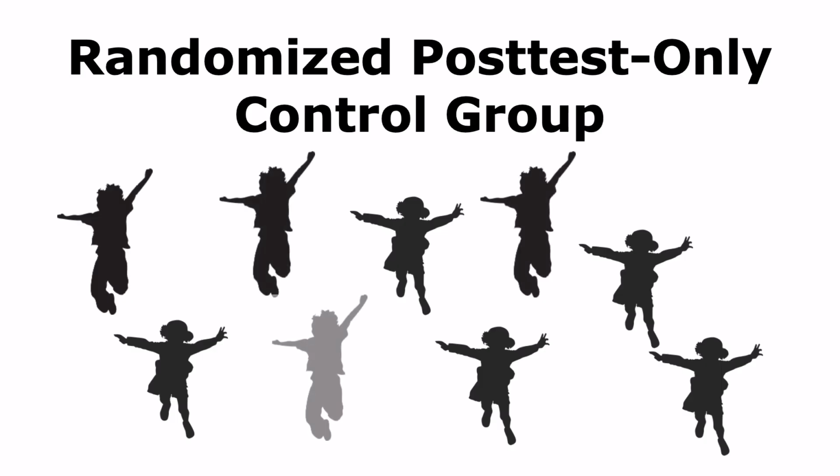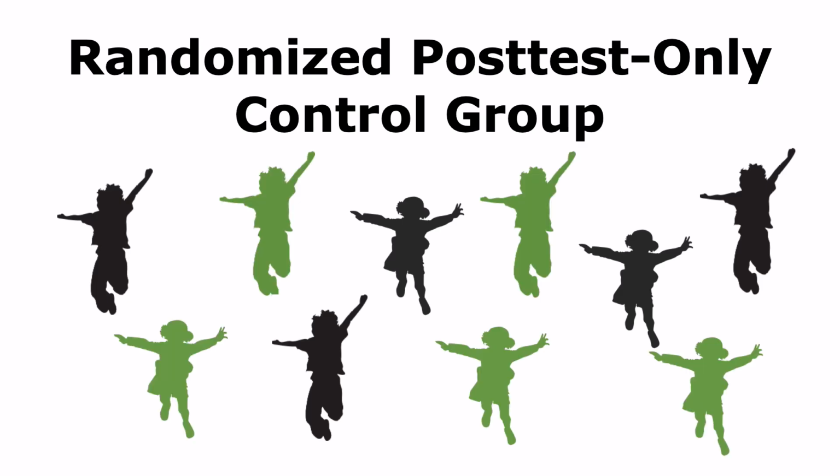So you have a group of children and you randomly select from the population. Half will be one group, half will be the other. By the way, it's important to note that experimental designs include random assignment. That's a really important key to it being experimental and not pre-experimental.